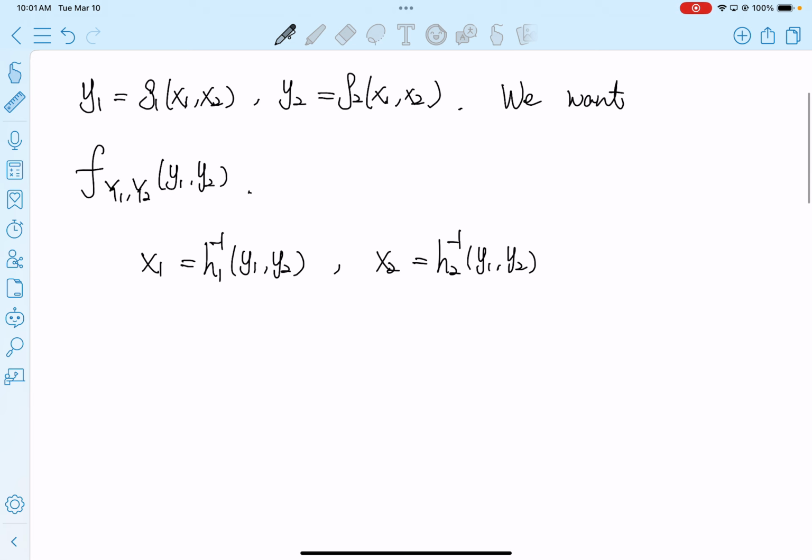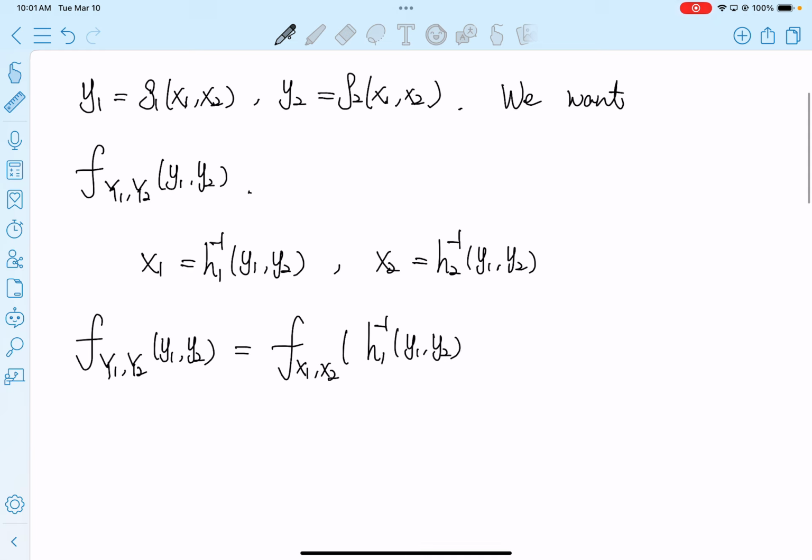Once you have that, you can get the joint of the new variable with the following formula. You start from the joint of the original variables, but whenever you see an x1, replace it by the inverse function, so you input y1 and y2 to get x1 back.